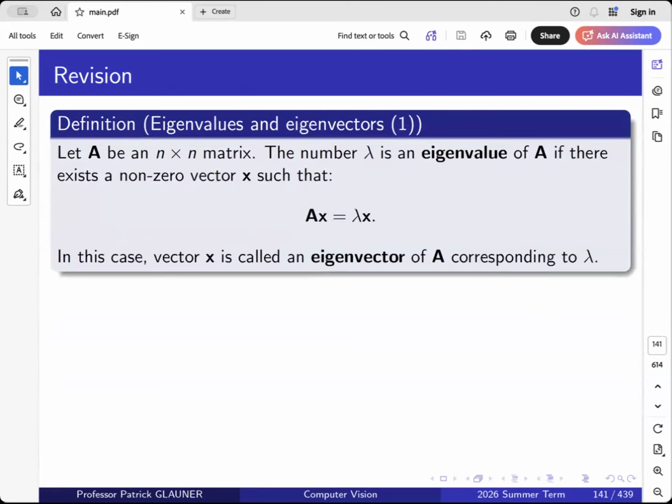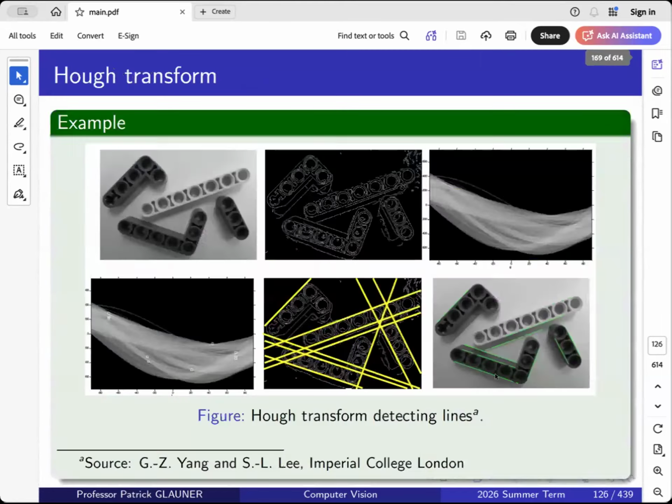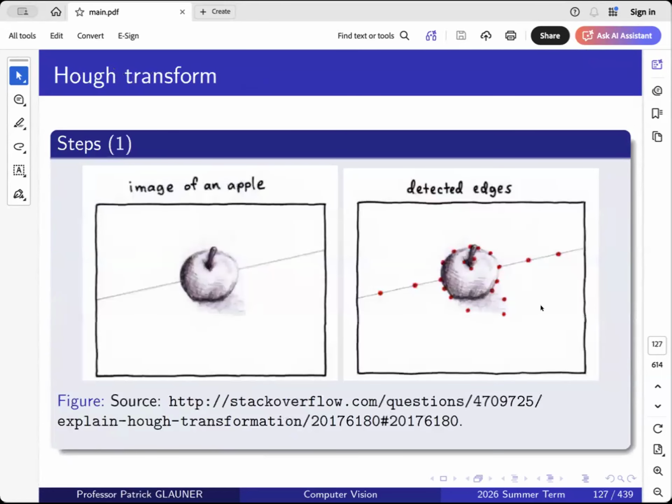And there's a question about the Hough detector or Hough transformation. Why were the edges detected as points and not as lines in the first place? So I'll be happy to go back to the Hough transform. I guess what you're referring to, the edges, we have these points and not lines. This was just for simplification. When you run edge detection here, you would get way more edges, but the edges are not necessarily continuous.